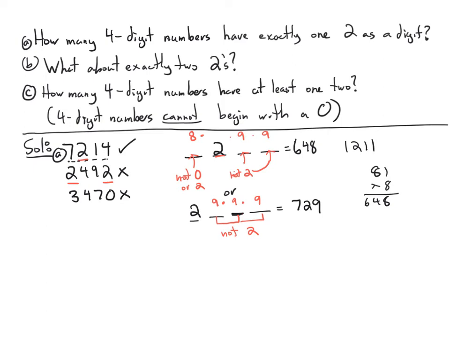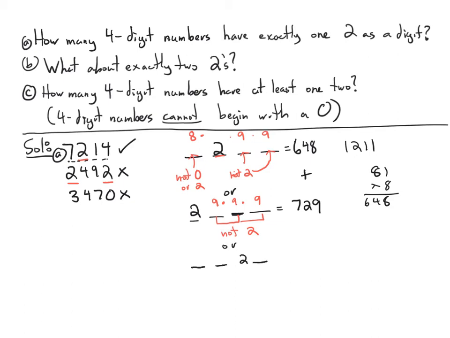Okay? And if I'm thinking about it, there's 648 choices when the number looks like this, but the number can look a different way, or it could look like this, which means when I'm counting the number of choices, I'm going to add them. But, of course, there's two more ways. We could have it look like this with the 2 in the third digit.